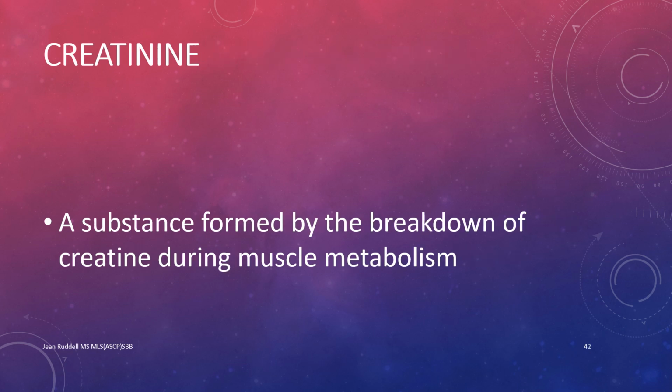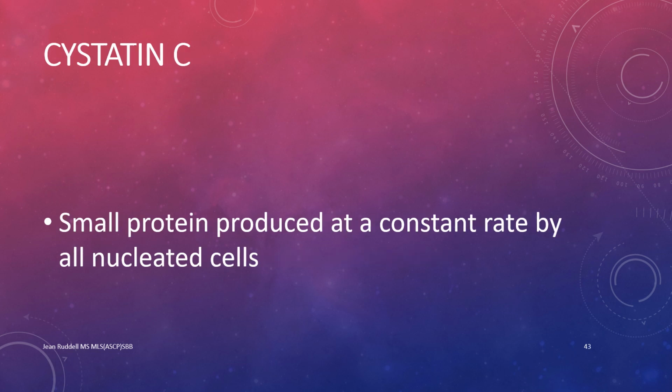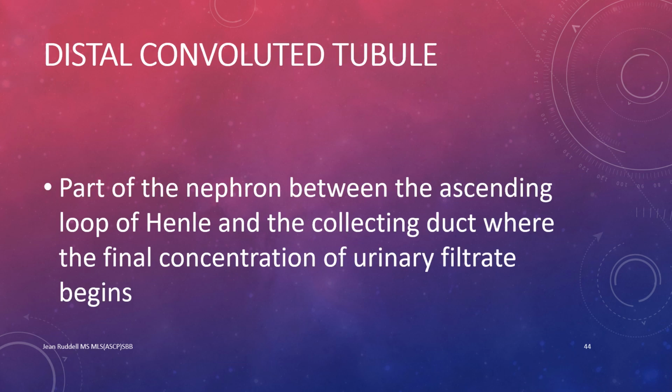Creatinine, a substance formed by the breakdown of creatine during muscle metabolism. Cystatin C, a small protein produced at a constant rate by all nucleated cells. Distal convoluted tubule, part of the nephron between the ascending loop of Henle and the collecting duct, where the final concentration of urinary filtrate begins.